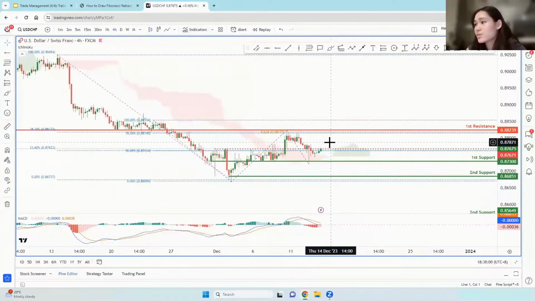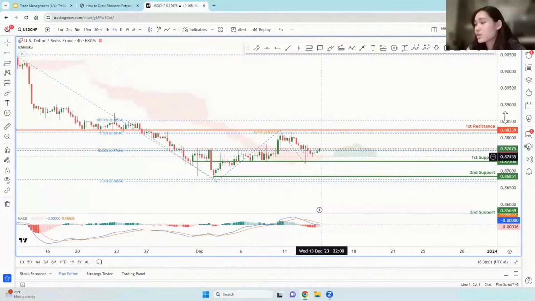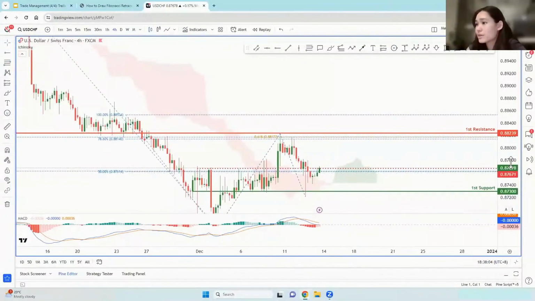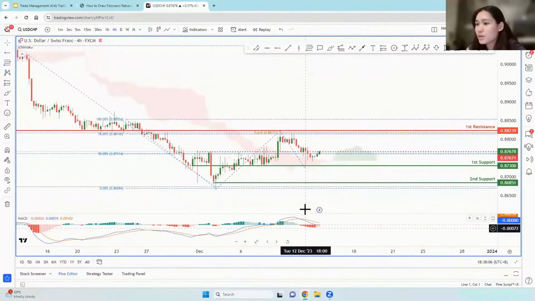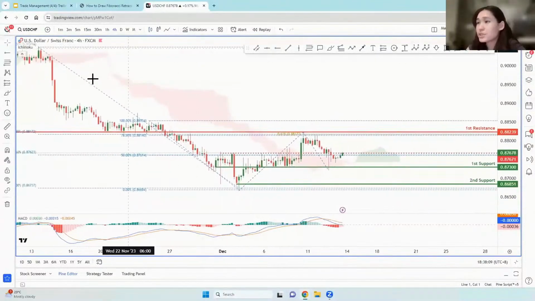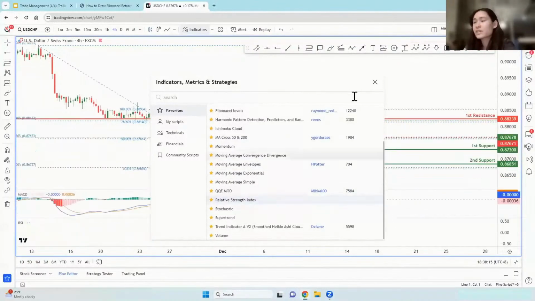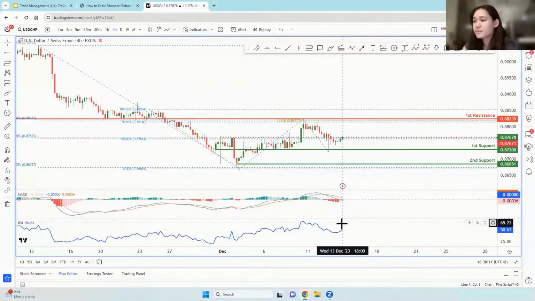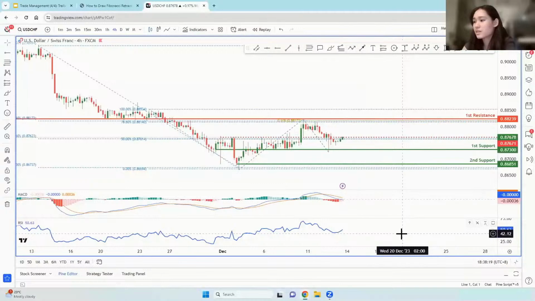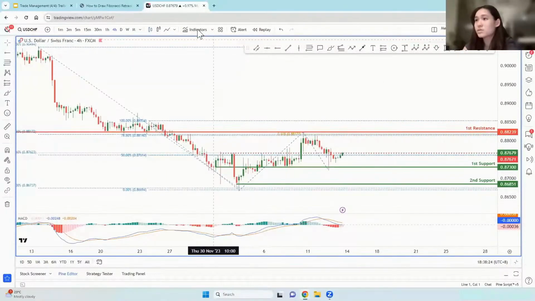Price is moving above our Ichimoku cloud, so it doesn't support our bearish analysis, but our MACD is bearish. So I'll just get rid of our Ichimoku. Now let's look at RSI. RSI isn't telling us much.